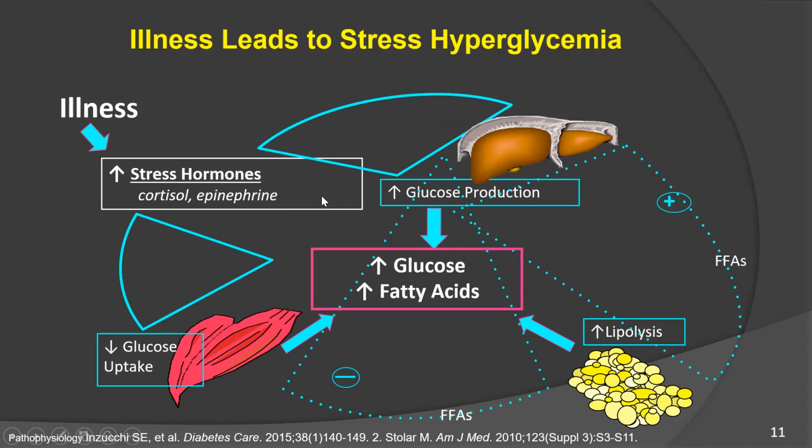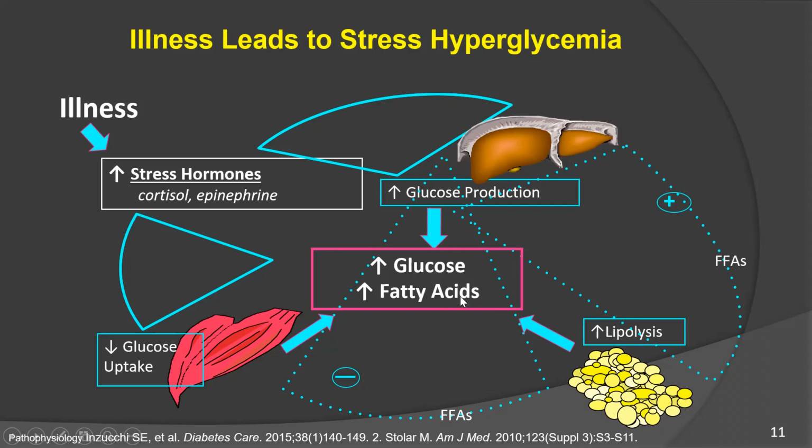They lead to multiple effects. One effect is to decrease the glucose uptake, another is to increase the glucose production from the liver, and both lead to increased blood glucose and increased fatty acid in the blood. On the other hand, there is lipolysis going on because of the stress related catabolic effects. All of this is leading to hyperglycemia and hyperketonemia.